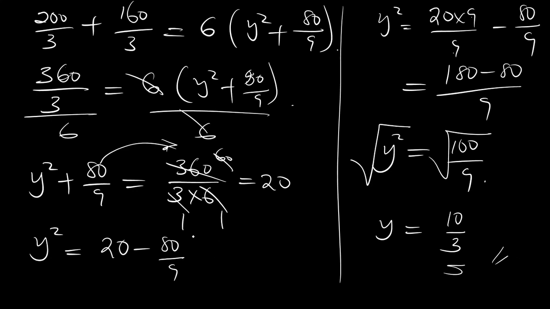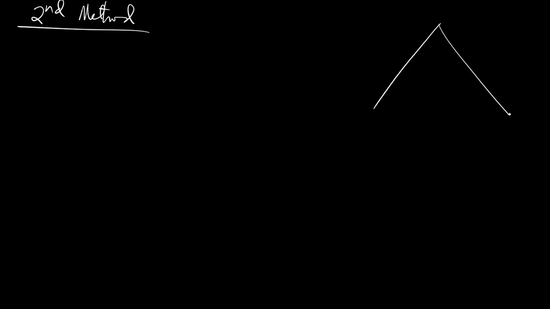Now let's do the second method. Now this is the problem again. Here you have 5, sorry, here is 4, 6, then this is a bisector.